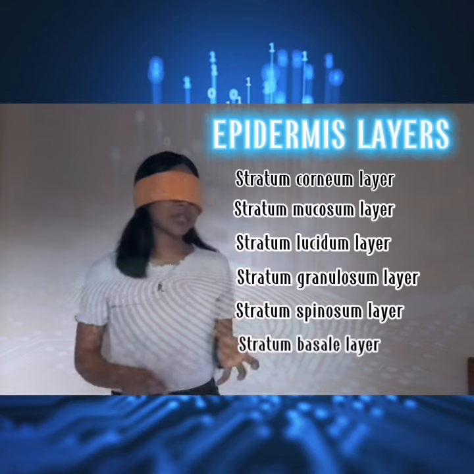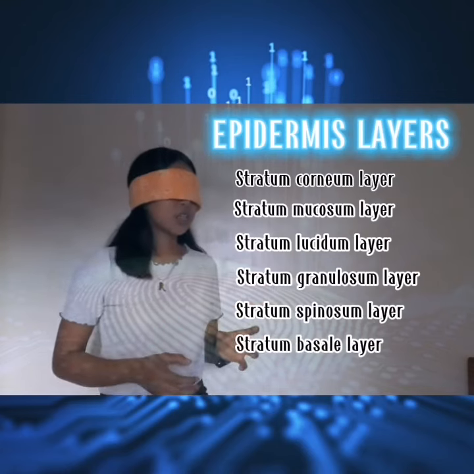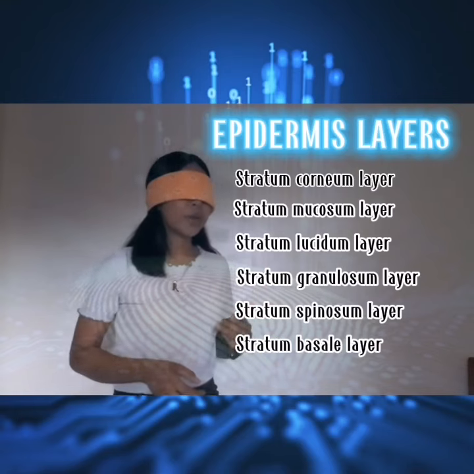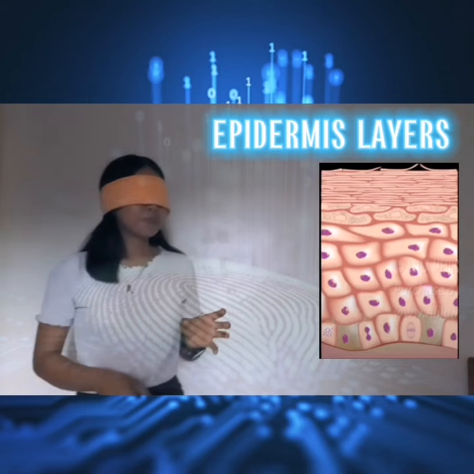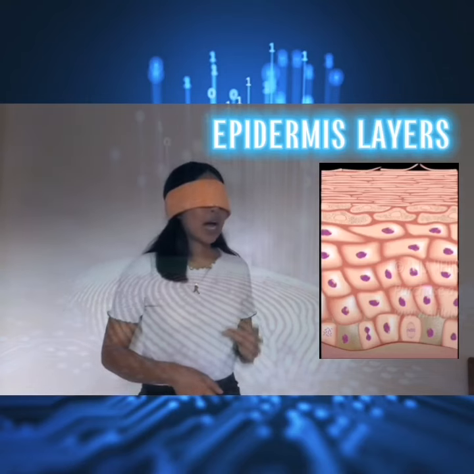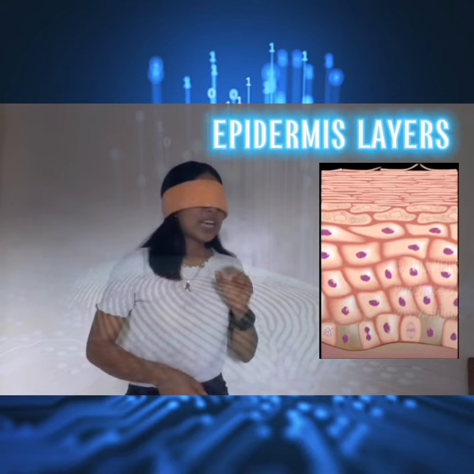Last is the stratum basale. It's a single layer of cells which is in contact with the basement membrane. These cells are mitotically active, alive, and reproducing.